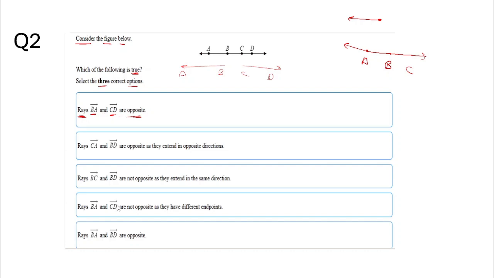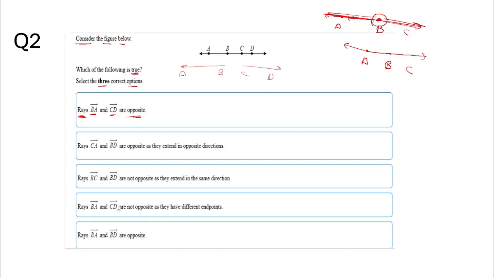So this endpoint, for example, if we call it B, is a ray from endpoint B moving to point A. This is a ray. The opposite one, let's say BC, is another ray, and it has the same endpoint. At this time, I can say that ray BA is opposite to ray BC.